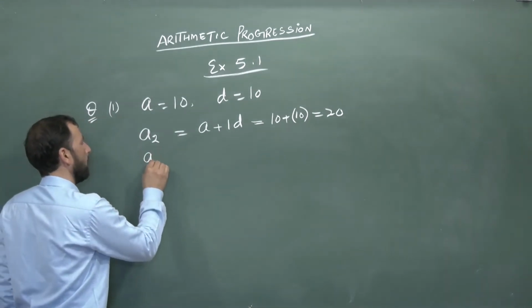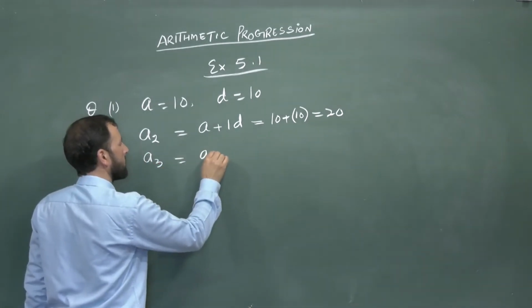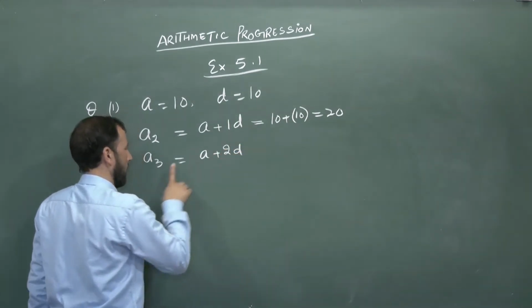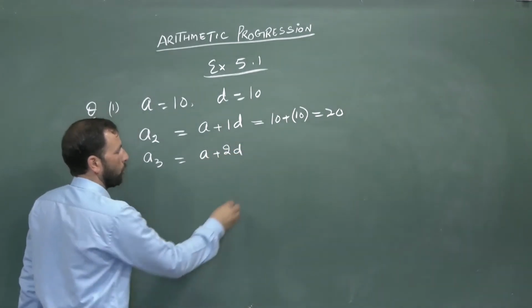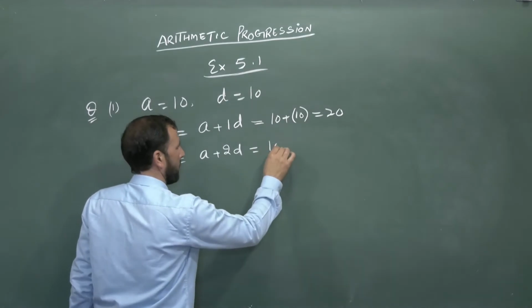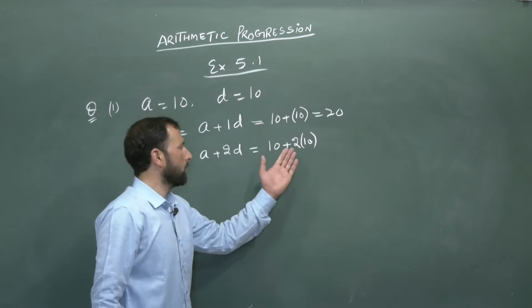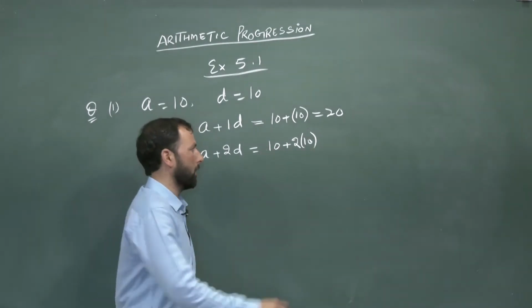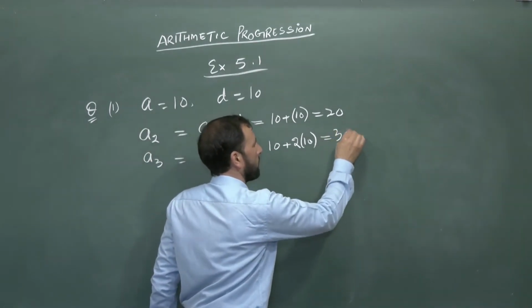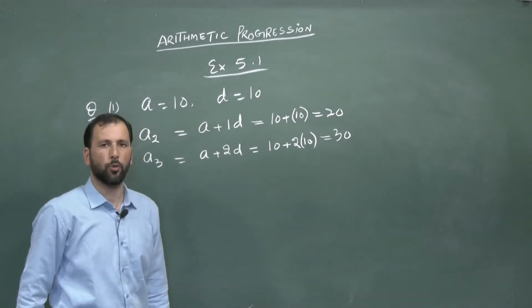Now a3, the third term, we can write as a plus 2d. That equals a is 10 plus 2 into d, which is also 10. Then 2 into 10 is 20, plus 10 equals 30. So the third term of this AP is 30.